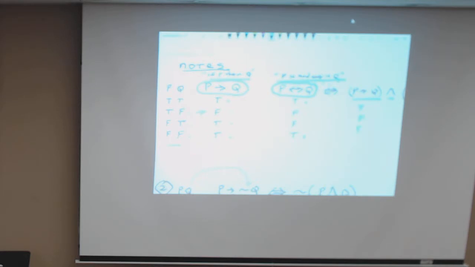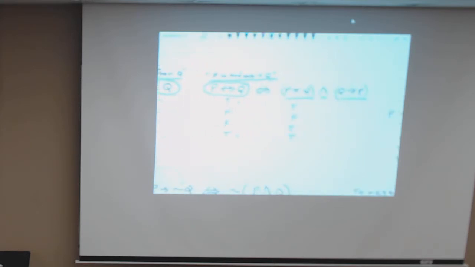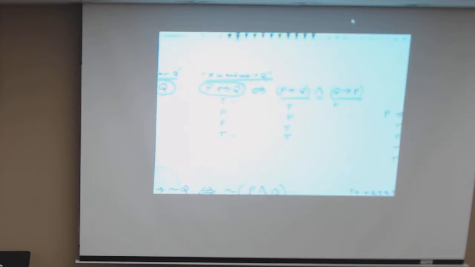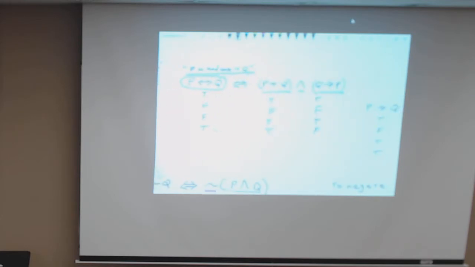And false and true is true. And false and false is true. Then if you do if Q then P, and let's just change this color here. Q is true, false, true, false. And then P is true, false, true, false.